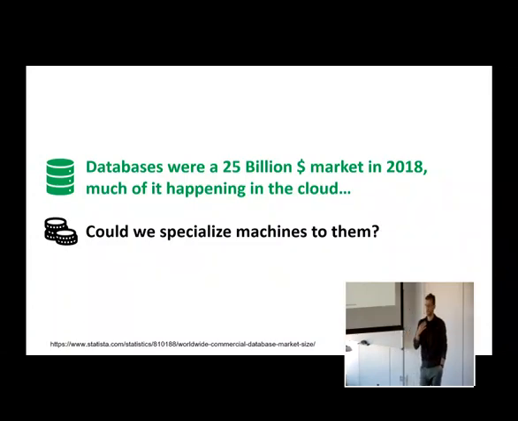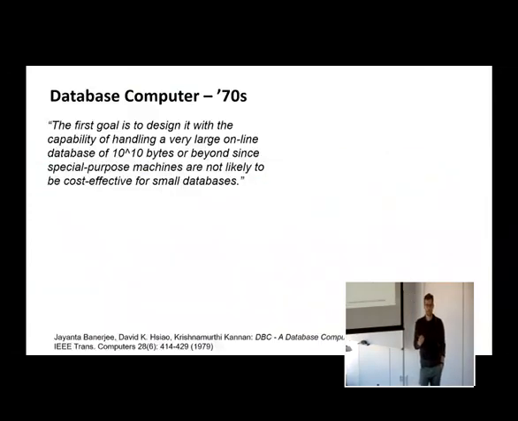Microsoft, for example, is offering a lot of Azure SQL solutions where you are outsourcing the database administration to the cloud, and you store your data there. So the question is, could we specialize machines to these workloads? If you could, service providers could offer them cheaper and increase their profits, or decrease the prices overall for everyone.